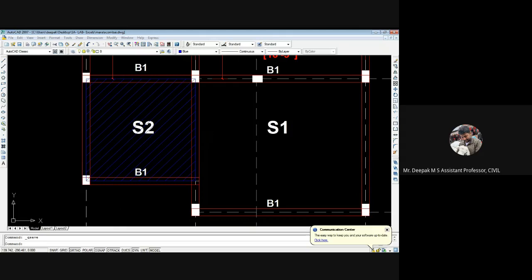So apply that to this particular slab condition. Right now, I'm having them for both alpha x and alpha y, thereby we can determine the negative bending moment and positive bending moment.